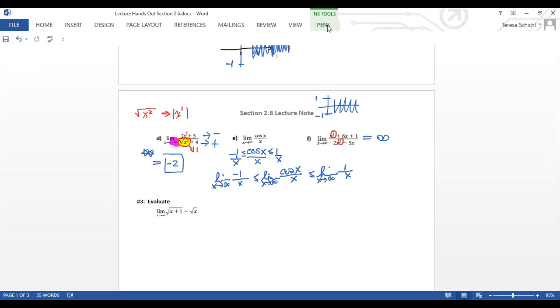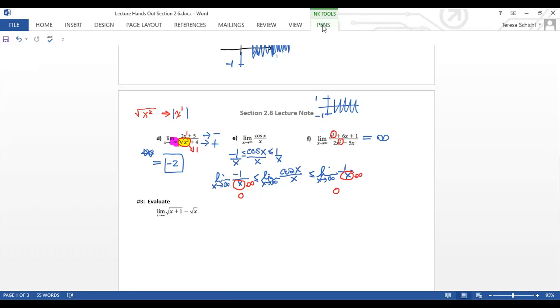Okay, take a look here. When x is getting bigger and bigger, what happens to this term? We know a fraction, if the denominator gets bigger and bigger, what we have here is 0. The same way here, when this is getting bigger and bigger, what is going to happen?